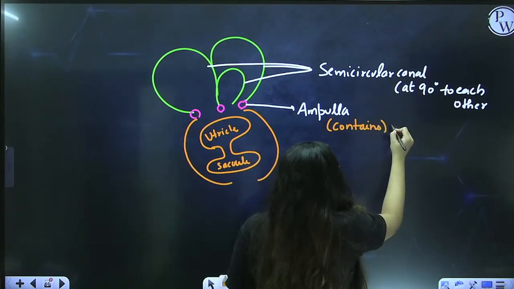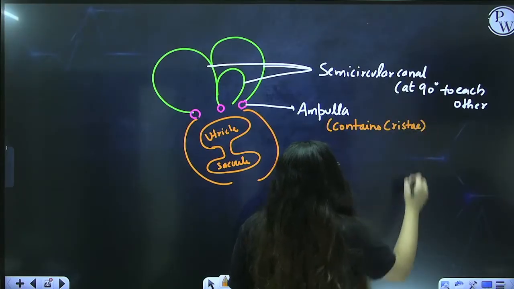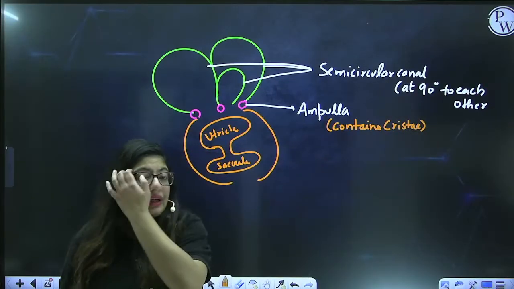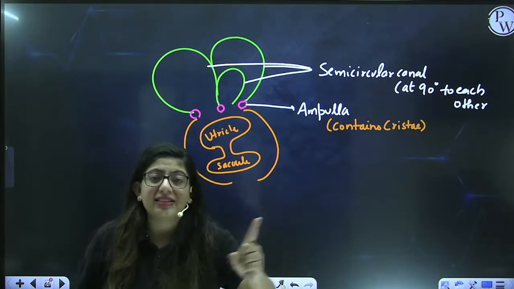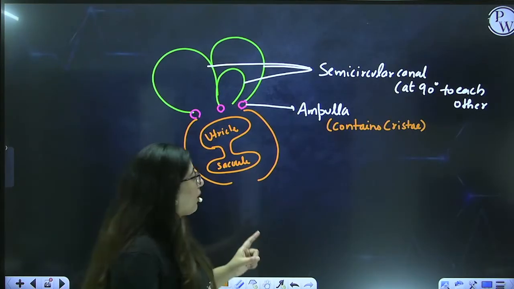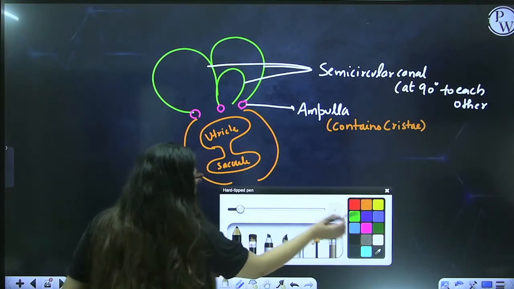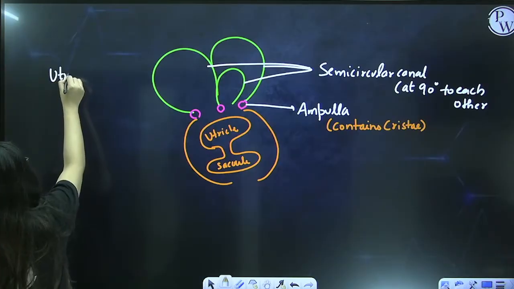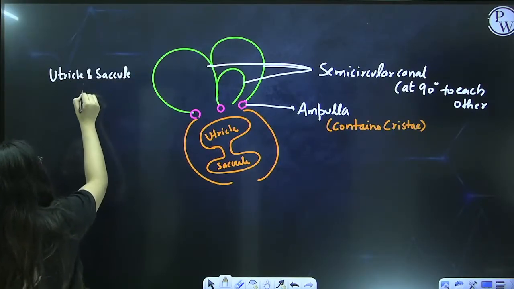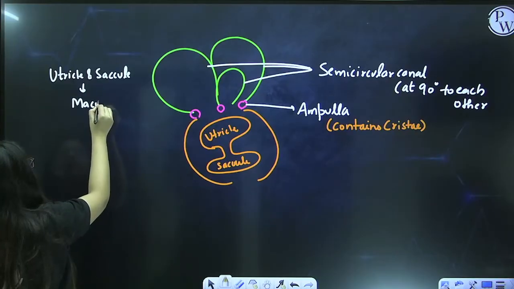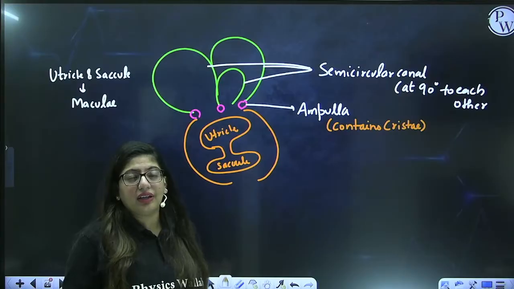These cristae contain hair cells which help in circular movement, or rotational acceleration and deceleration. Whereas the utricle and saccule contain the structure known as maculae, and maculae help in linear acceleration and deceleration.